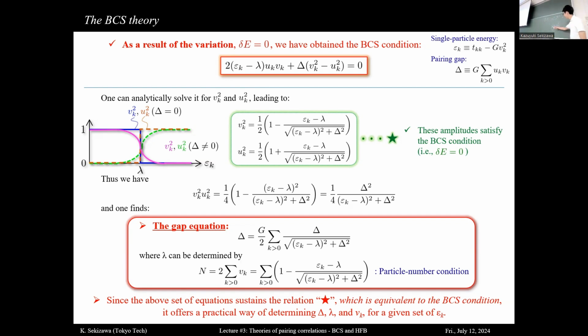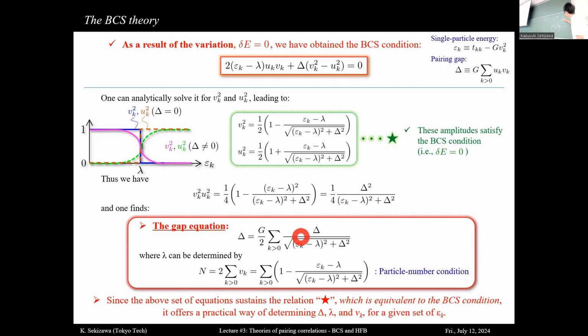Then, having those single particle levels at hand, we can solve the BCS equation. As I mentioned, we can determine the chemical potential and also solve the gap equation.